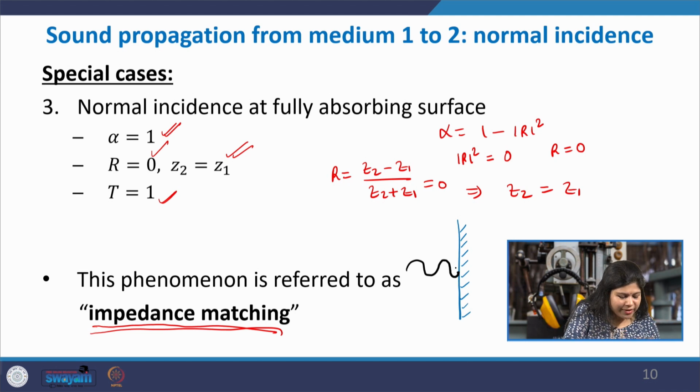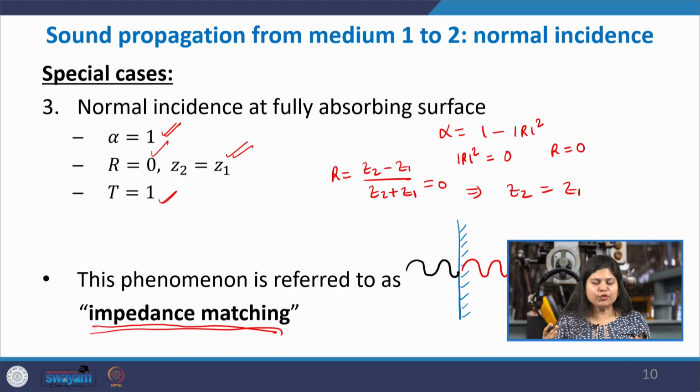There is no reflected wave because r is equal to 0, and the transmitted wave has the same magnitude and the same phase as the incident wave. So, essentially it behaves as if there is no medium change at all.